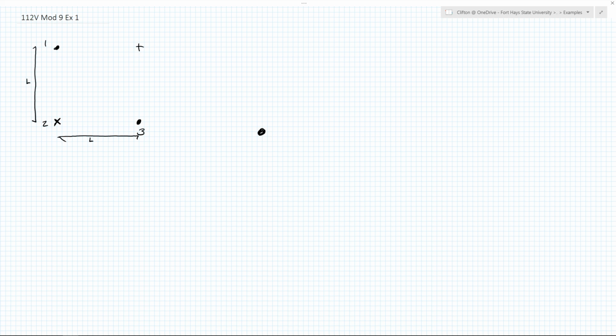The right-hand rule to determine the direction of the magnetic field is to point your thumb in the direction of that current, and then your fingers curl around the current in the direction of the magnetic field lines. And the magnetic field lines are going to be circular. If I point my thumb out of the board, my fingers curl counterclockwise, so these magnetic field lines are going to point counterclockwise.